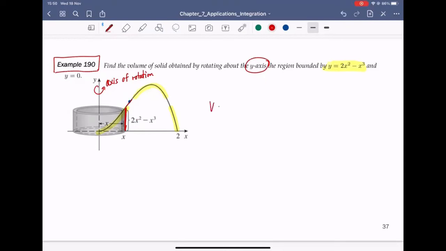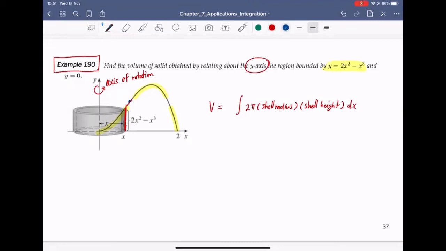So the volume is going to be the integral of 2 pi times shell radius times shell height, and because you cut a vertical line, dx.